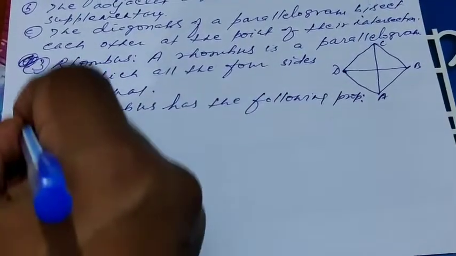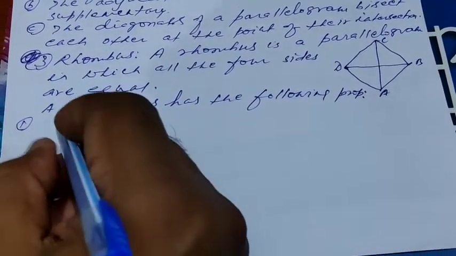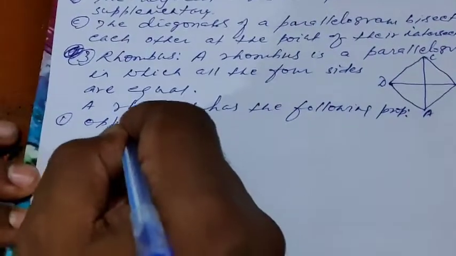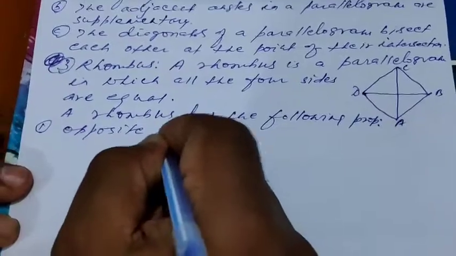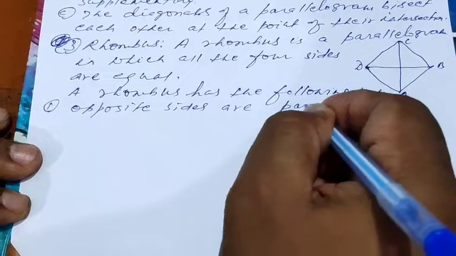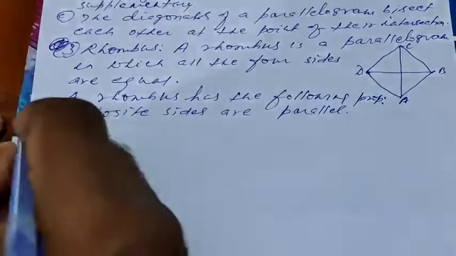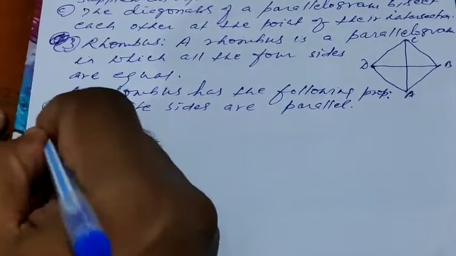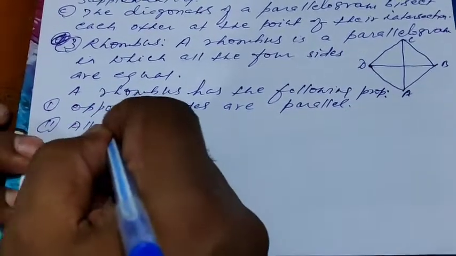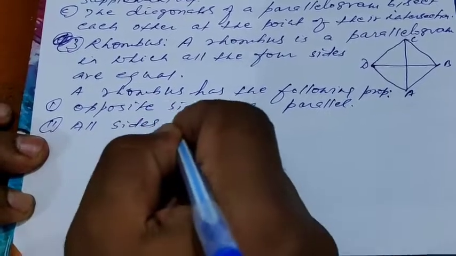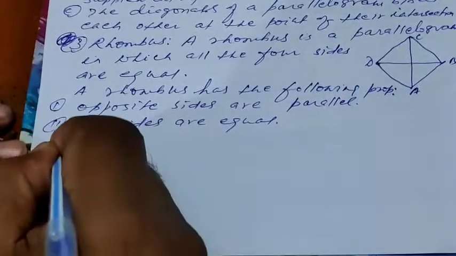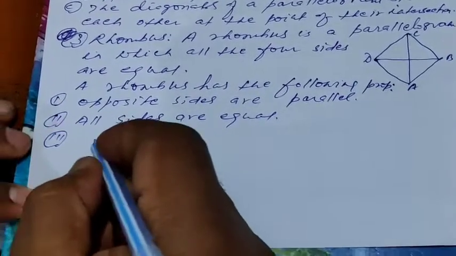First, opposite sides are parallel. Second, all sides are equal. Third, opposite angles are equal.